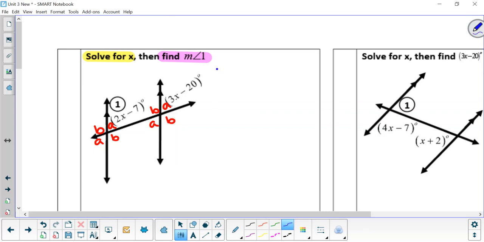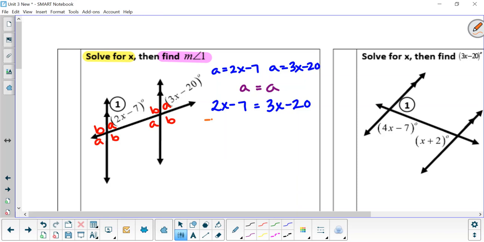Here I notice that A is equal to 2x minus 7, and A is equal to 3x minus 20. So, to solve for x, I'm going to use my rule that says A is equal to A. And we can fill it in. So, 2x minus 7 is equal to 3x minus 20.